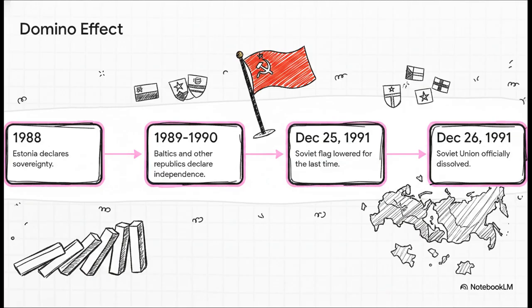Then, between 1989 and 1990, Latvia, Lithuania, Azerbaijan, and others follow suit. The whole thing reaches this monumental climax in December 1991. On Christmas Day, the iconic Soviet flag is lowered for the very last time. The very next day, December 26th, 1991, the Soviet Union is officially dissolved. Just like that, in the blink of an eye, this great empire was gone, replaced by 15 independent nations.